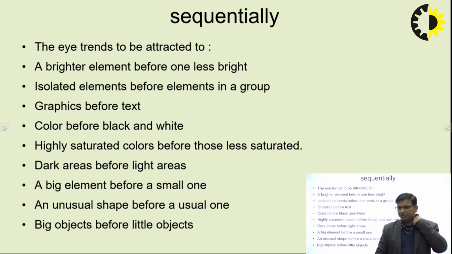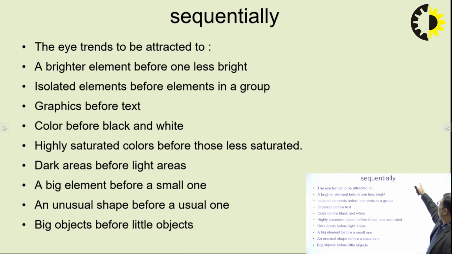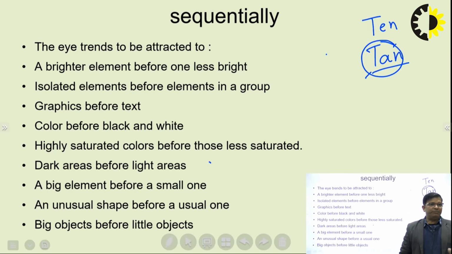Suppose, for example, I am writing NINE or 9 or TEN or 10 here, your eyes will read this particular thing. So, color before black and white, highly saturated color before lesser saturated, a dark area before light areas, a big element before a smaller one. So this type of thing should be done in a sequential manner.